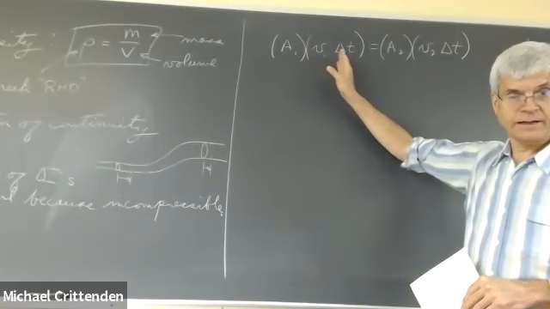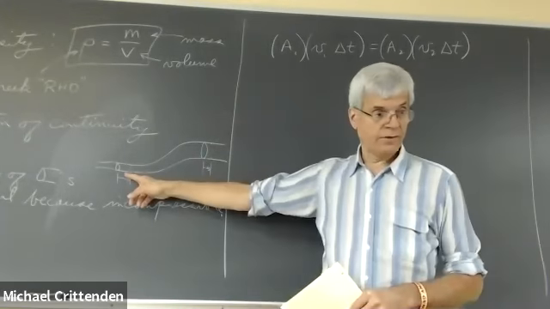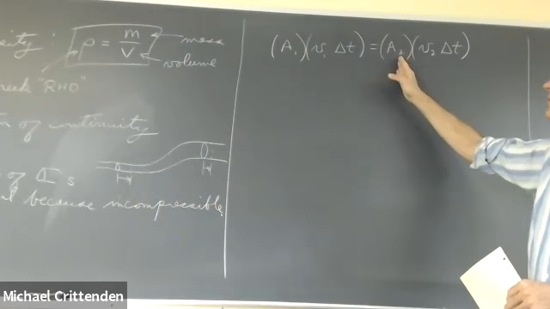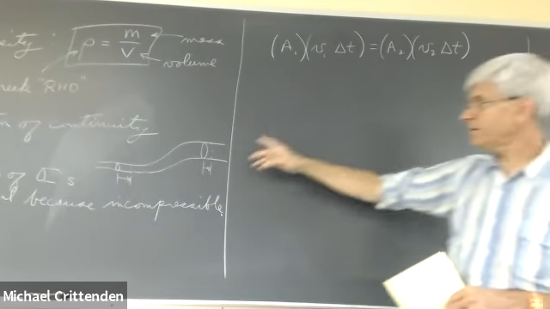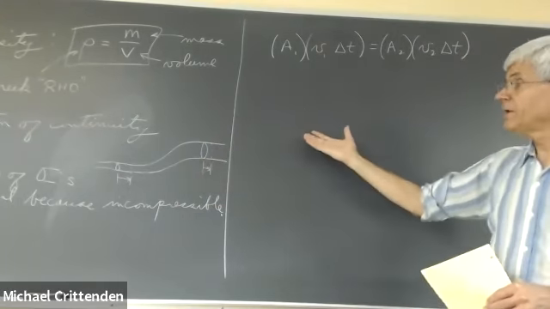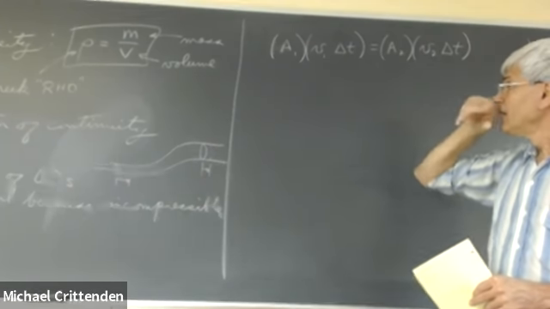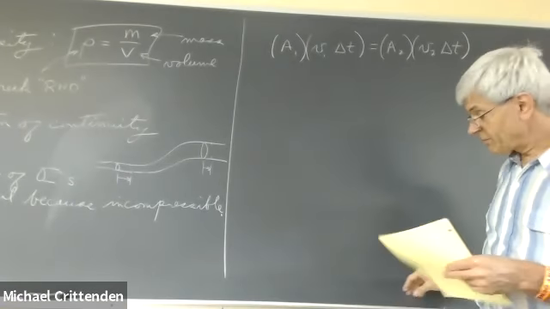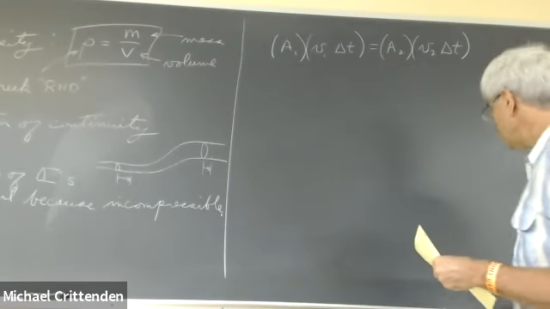Cross-sectional area times the length of this cylinder, cross-sectional area times the length of that cylinder, the volumes have to be equal. Delta t drops out, you divide both sides by delta t and it's gone.